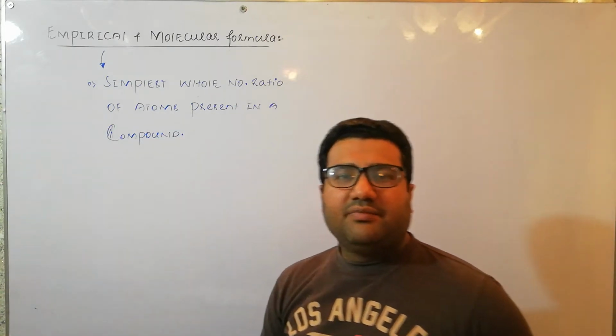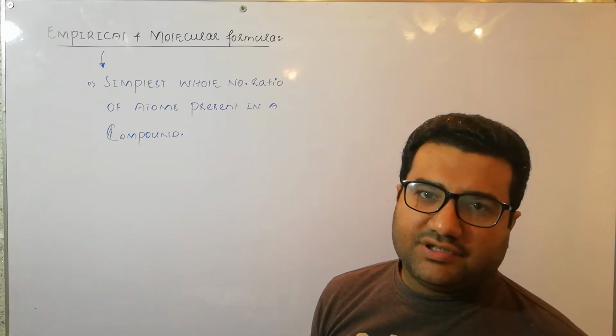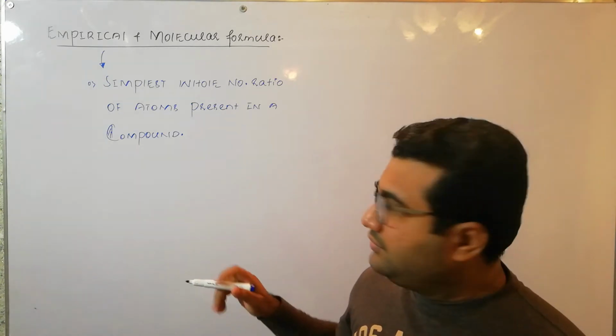So basically, empirical formula is the formula which shows the simplest chemical composition of a compound. It shows the simplest whole number ratio.